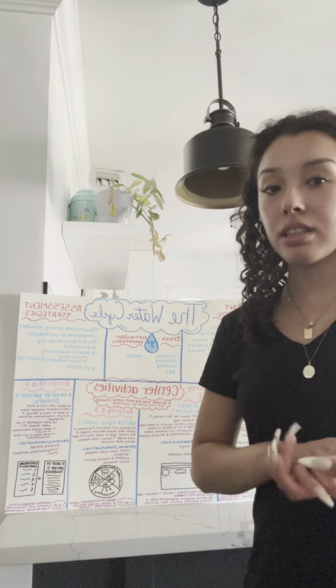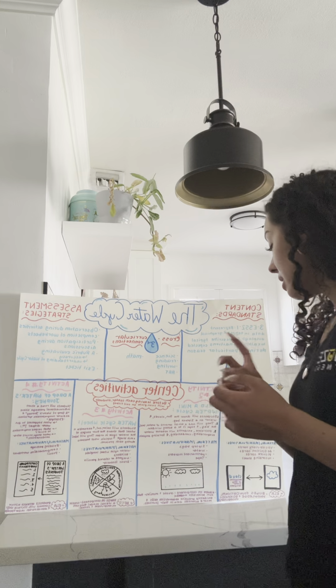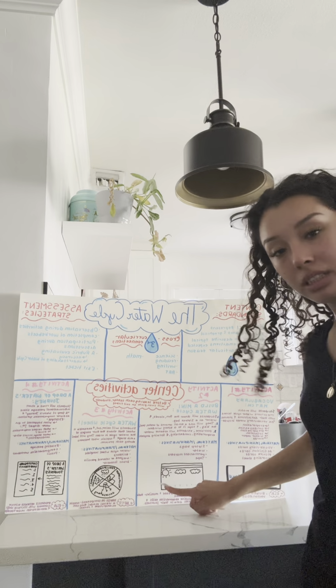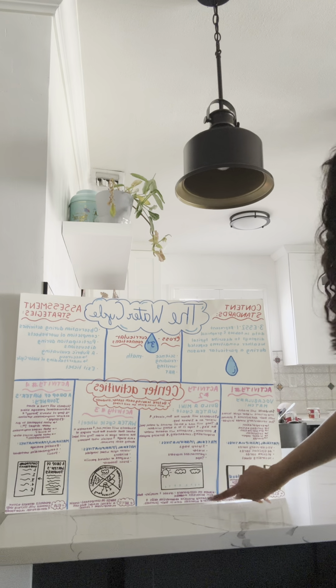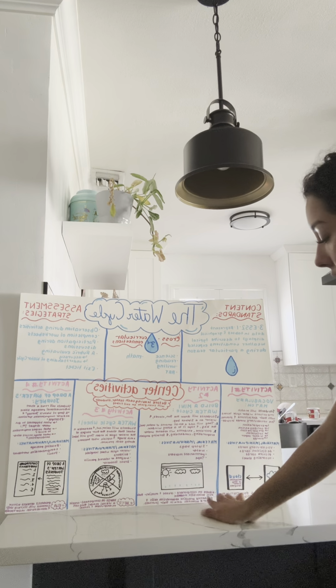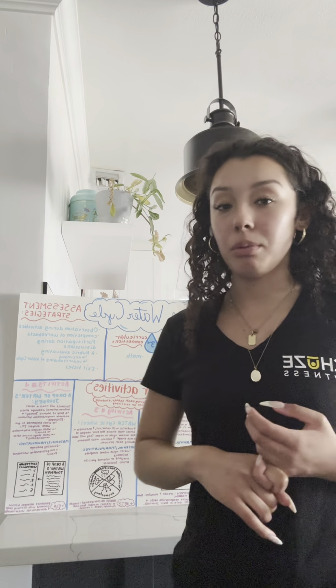The materials and manipulatives are zip-top bags, water, permanent markers, and tape. And I've added a little example of what they would do: drawing the sun, the clouds, and then the little water that they're adding. This has a hands-on component, which I've added here, to create and monitor their own scientific model.